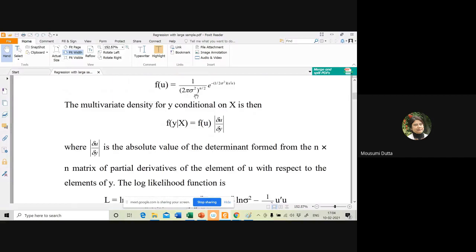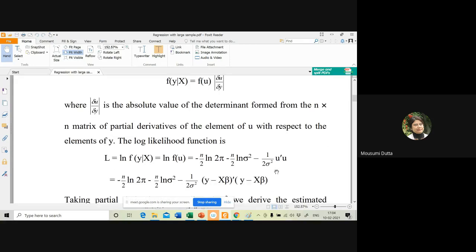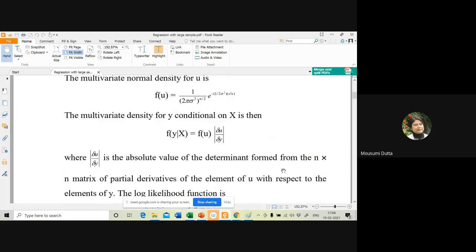Two terms were there. I'm breaking it into two parts because I need to find the differentiation with respect to sigma square. However, pi is a constant, so I'm separating out sigma square from 2 pi. Then minus 1 by 2 sigma square u prime u.